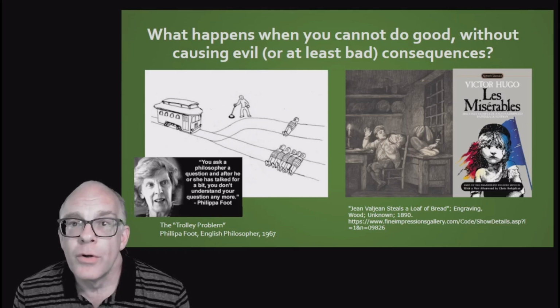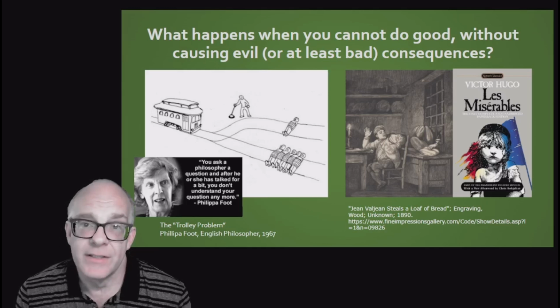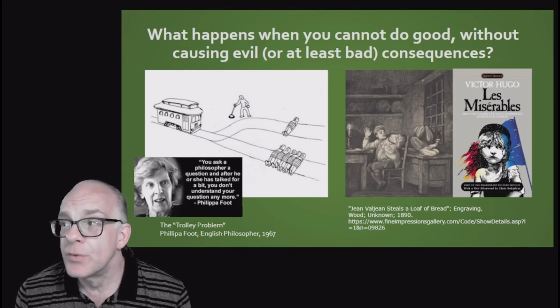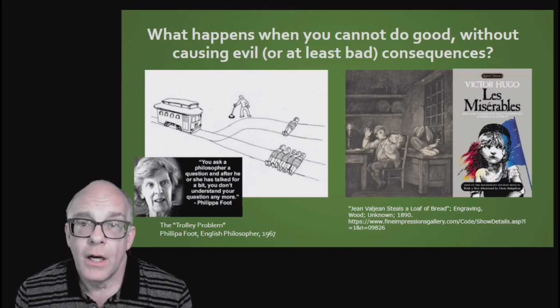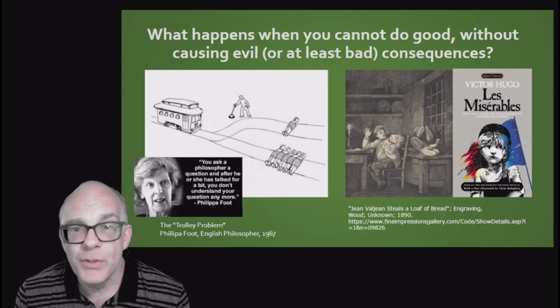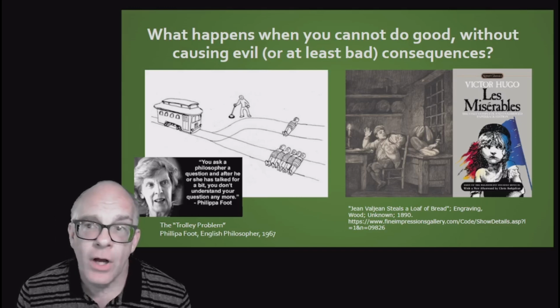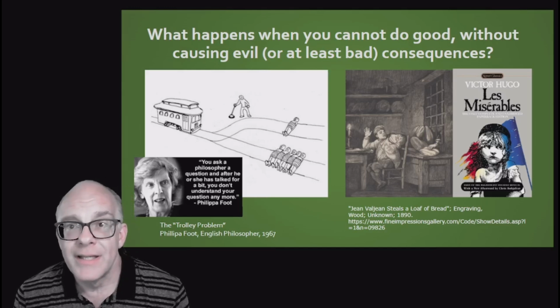In order to provide food for his nieces, what he has to do is go steal a loaf of bread. So you are in a situation: do you allow your nieces to starve, or do you break the law and steal the bread?